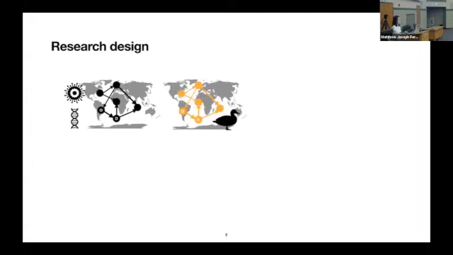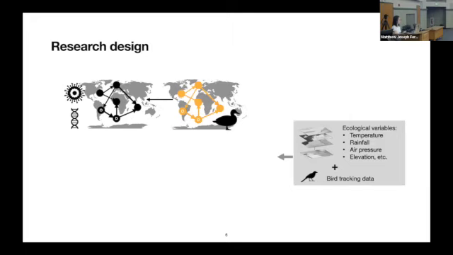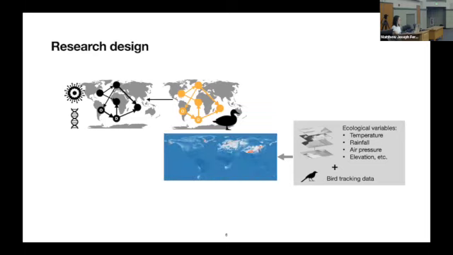So we design our research by using virus genomic data to construct a virus transmission network, and we use bird tracking data to construct a bird migration network. And we use a statistical method to see the contribution of bird migration to the virus transmission. We use the same bird tracking data set along with other ecological variables to infer the species distribution of different bird orders.